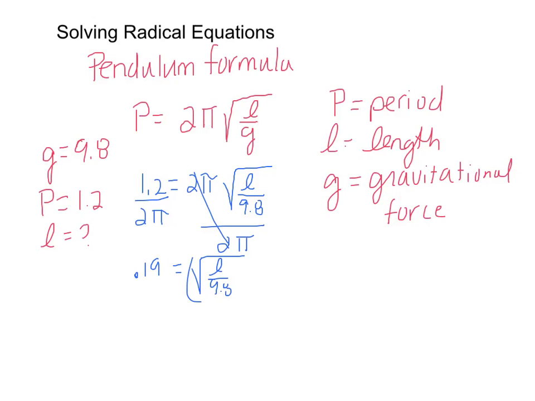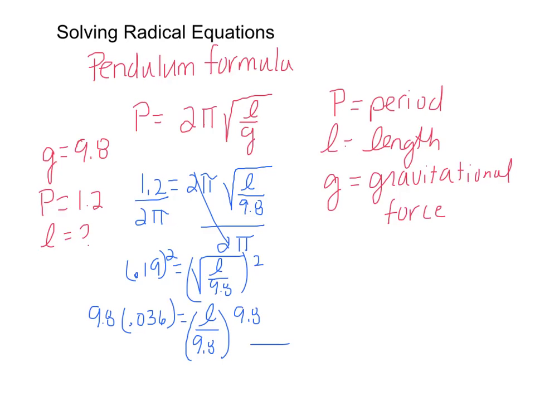And then to get rid of our radical, we're going to square it, okay, which gives you 0.036, and that's equal to just L divided by 9.8. And then, of course, to get rid of a divided by 9.8, then you want to multiply by 9.8.